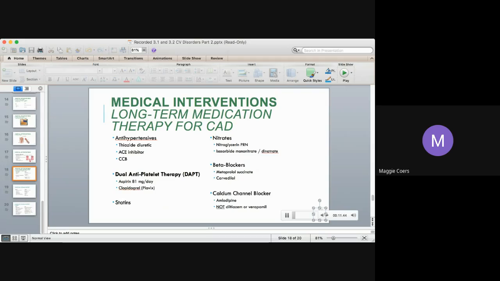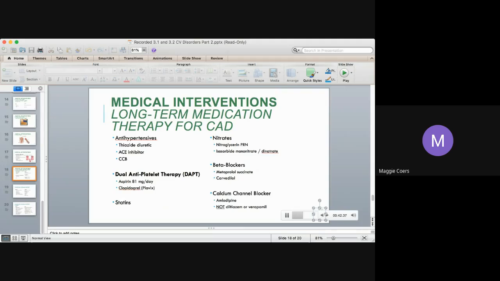So after an MI, or if the patient has long-term CAD, they should be on an antihypertensive, because there's probably a long-standing history of hypertension. We also provide them with dual antiplatelet therapy. So we start the patient on aspirin and something like Plavix, and we provide both of these daily for the patient who is post-MI for a few months.